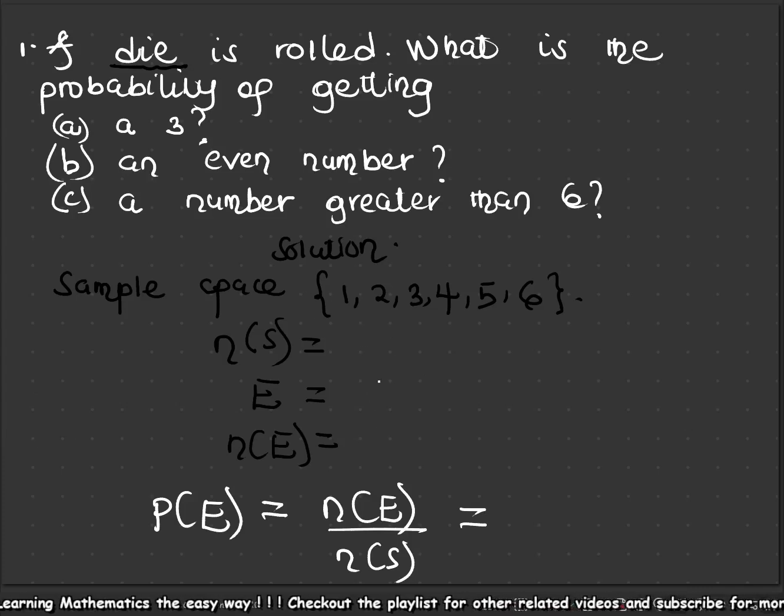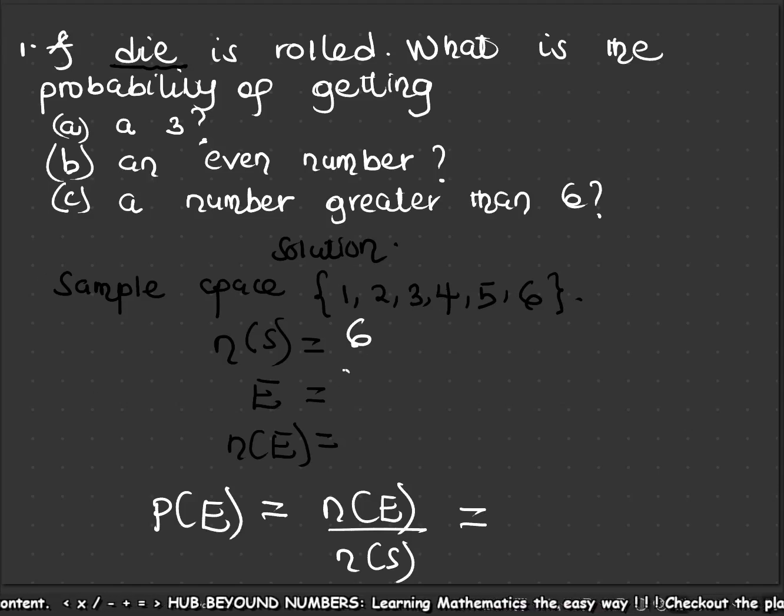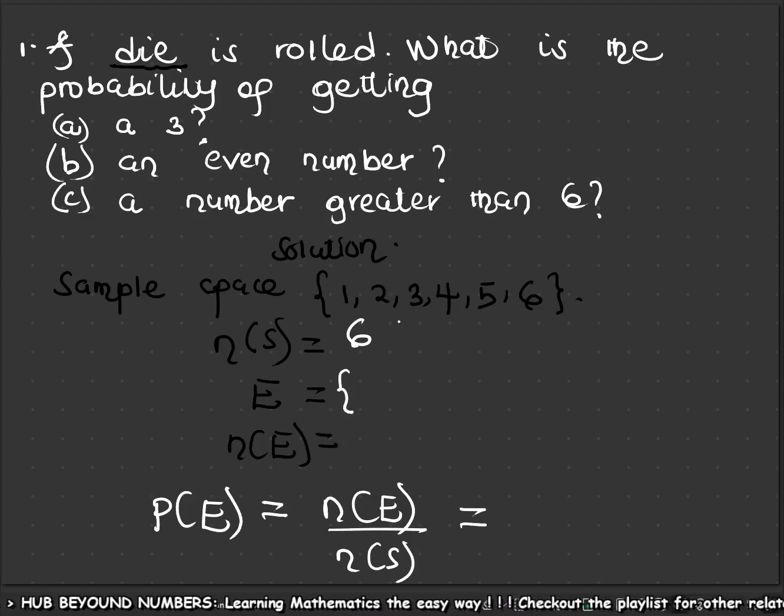Okay, so with these same things, let's look at how we can also solve the second one. It asks for the probability of getting an even number. Still, the number of elements we have as our sample space remains 6. Now, we are talking of even numbers. You are always making reference to your sample space. So from our sample space, let's look at the even numbers we have.